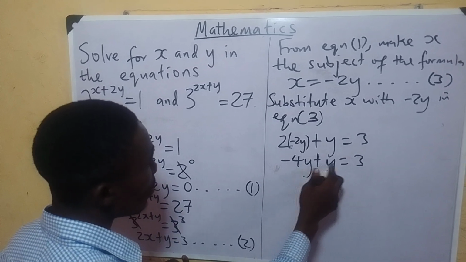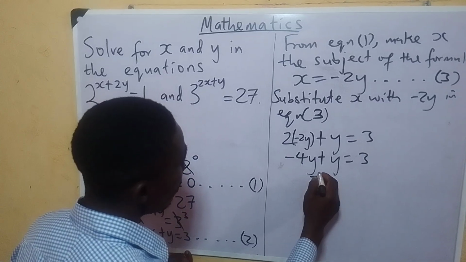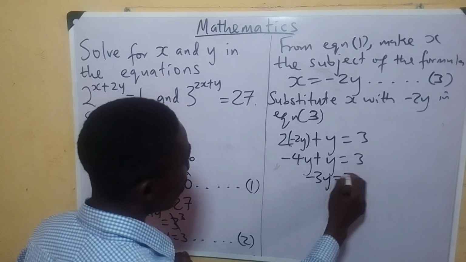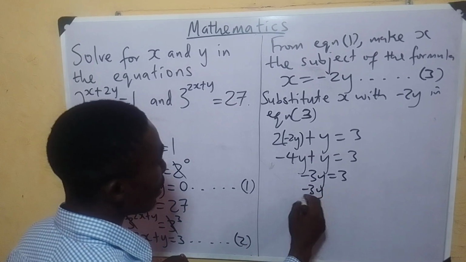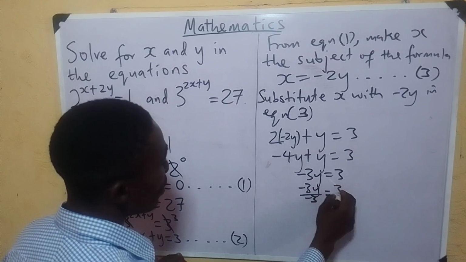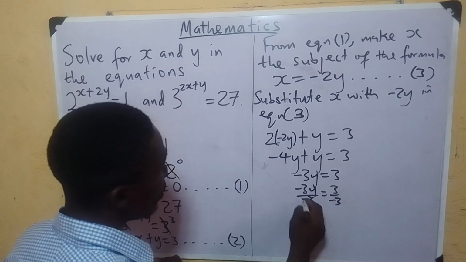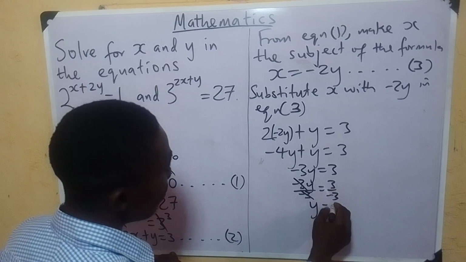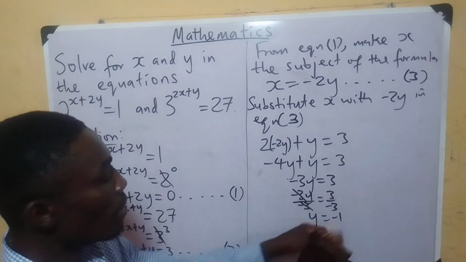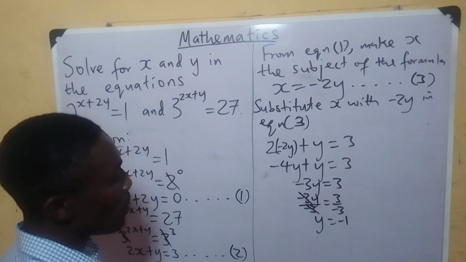Minus 4y plus y gives us minus 3y equals 3. If we divide both sides by the coefficient of y, I have minus 3y divided by minus 3 equals 3 divided by minus 3. So this cancels this, and you have y is equal to minus 1, because 3 divided by minus 3 will give us minus 1.